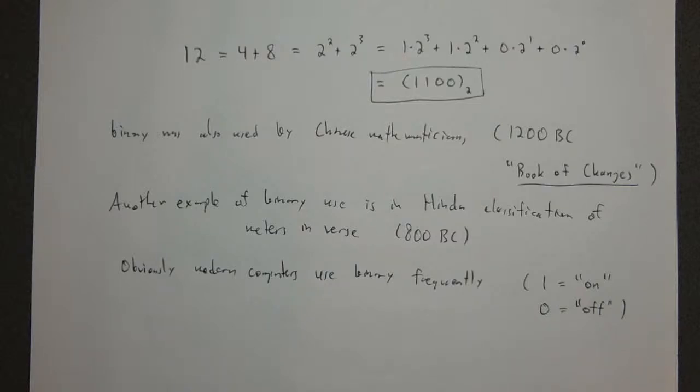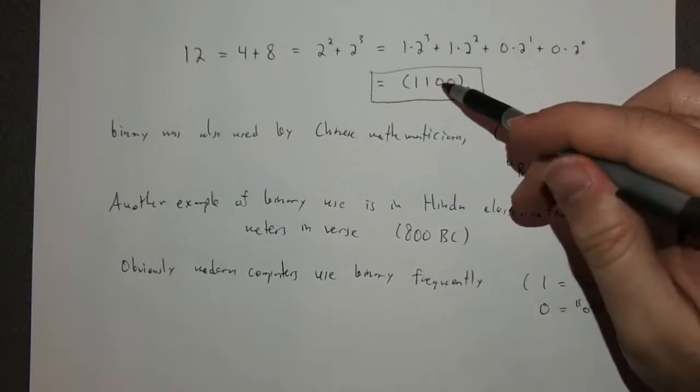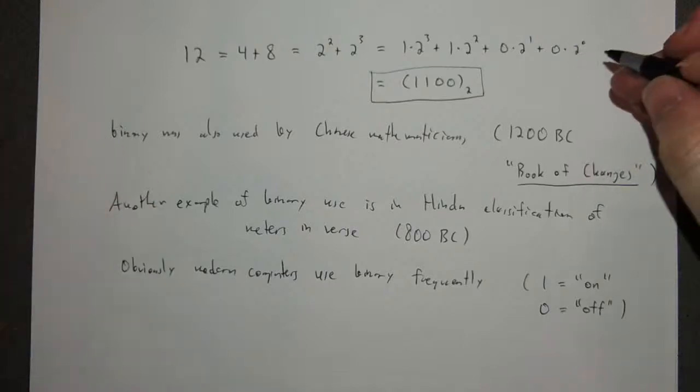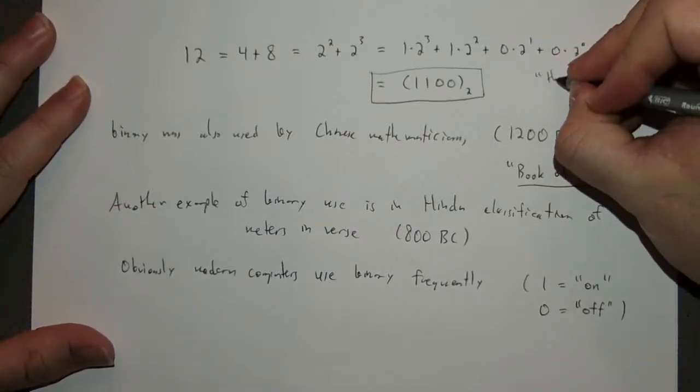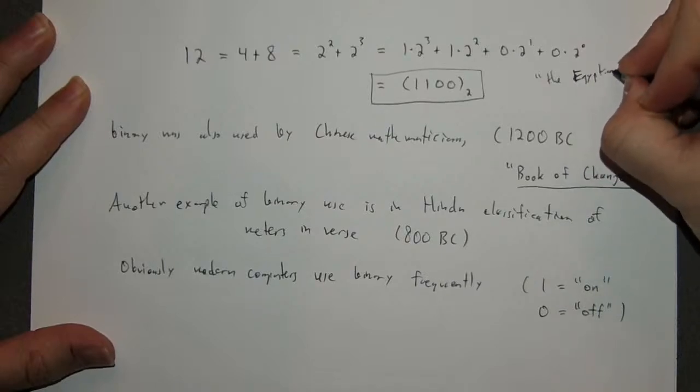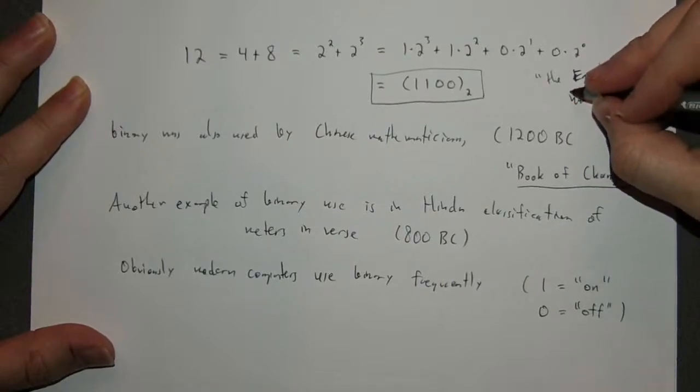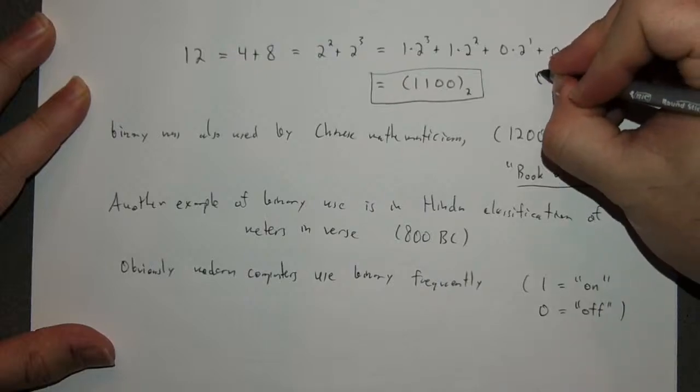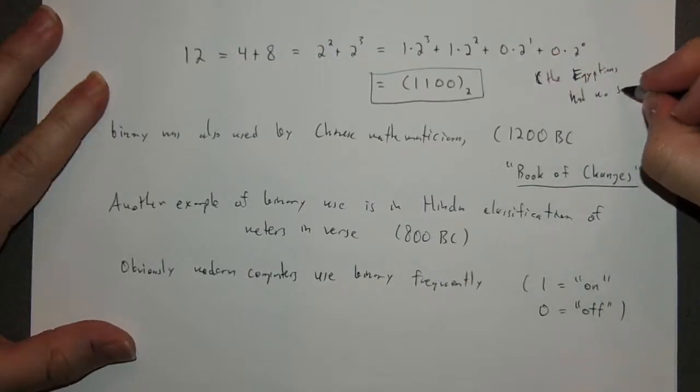One thing that's interesting to note before I move on: although Egyptians would have used binary in their doubling tables, the Egyptians had no symbol for 0.